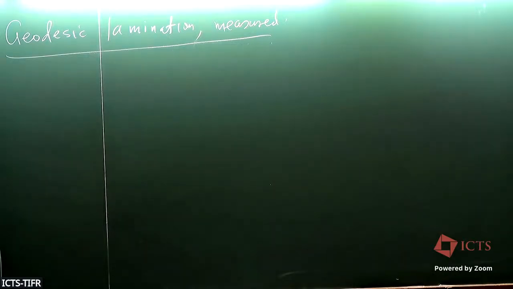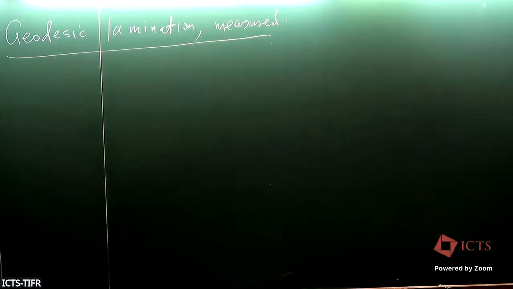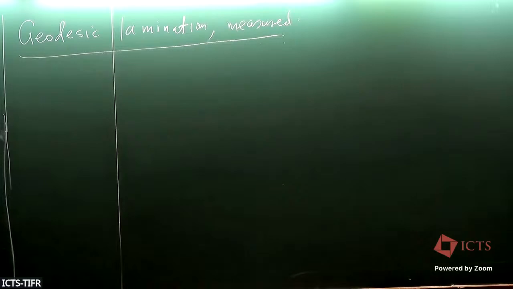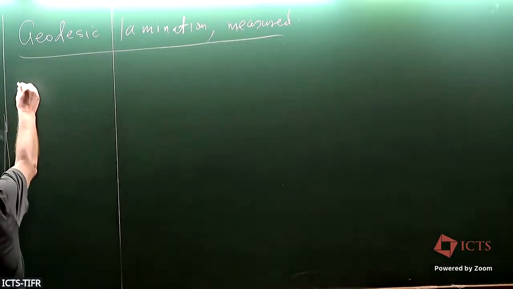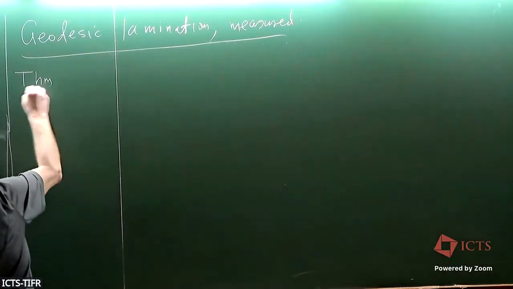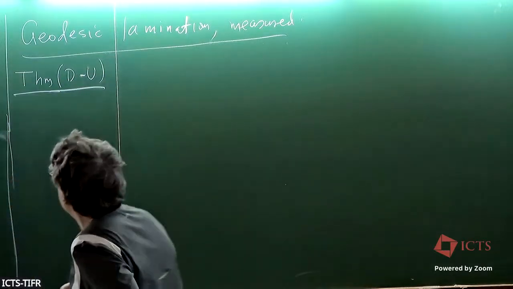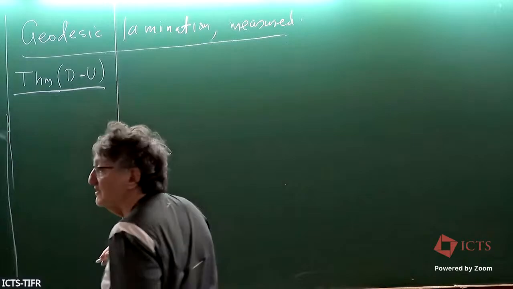And actually the key ingredient that connects, so how are these geodesic laminations related to this? Okay, let me give you a theorem that I proved with Karen. Let's take a toy case.